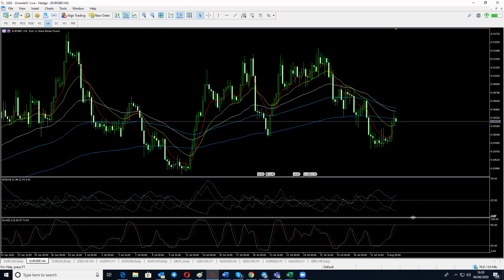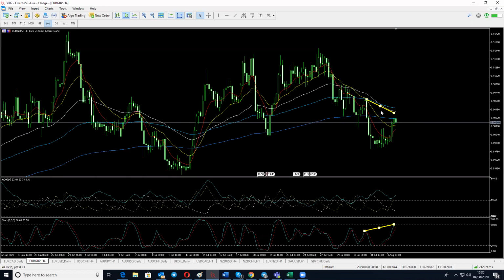I use it as a divergence indicator, meaning I'm looking for opposite movements. If I see a high here and then a lower high, I will draw the line here, for example, and then the current price is a higher high. So you can see there's an opposite.